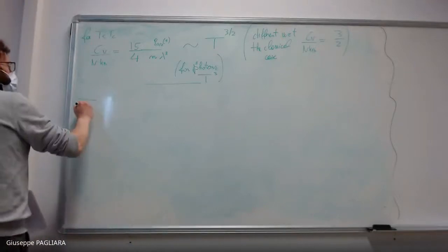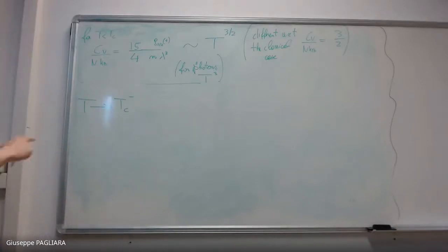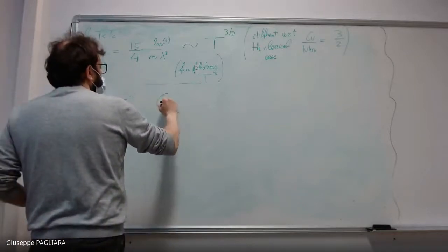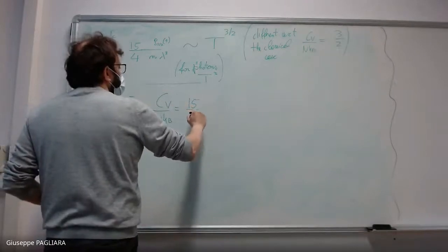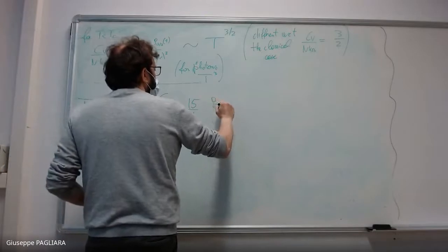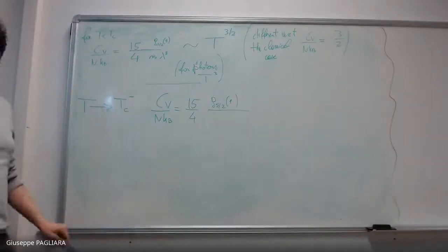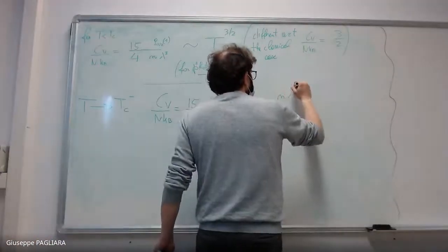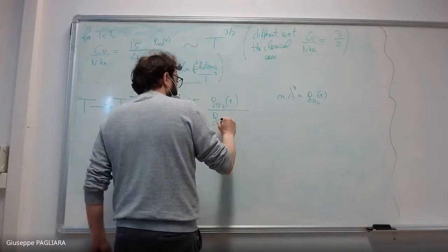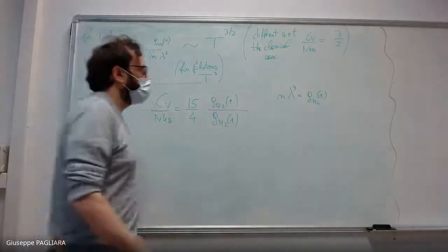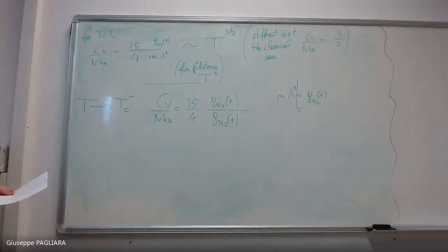Now, for T approaching Tc from the left, I can just use the same formula, and the specific heat divided by N kB is equal to 15/4 g 5/2 of 1, divided by g 3/2 of 1, since if we are sitting exactly at T equal to Tc, lambda cubed is equal to g 3/2 of 1. So I have this number here.